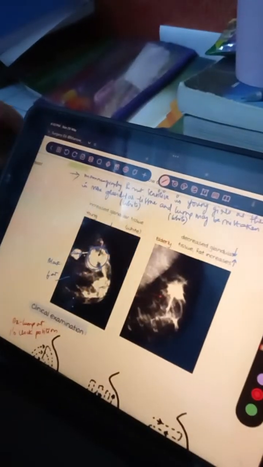So why do we have to consider mammography only for women more than 40 years of age? Now we'll see. In mammography, if you see young women less than 40 years, glandular tissue will appear as white, and fat appears as dark or black in color.